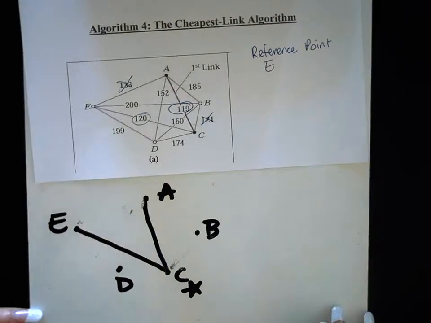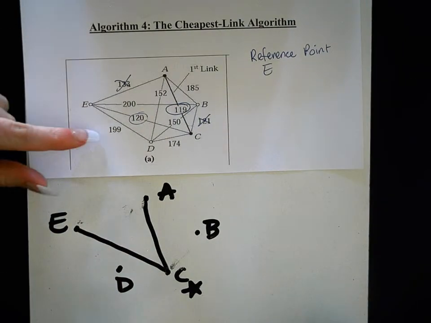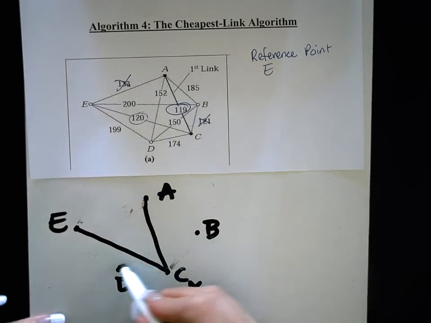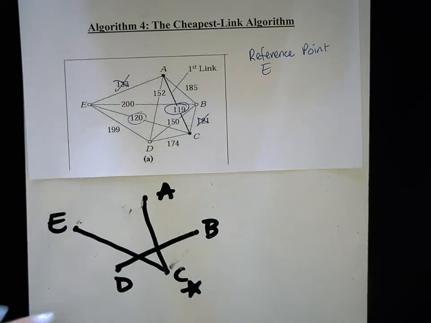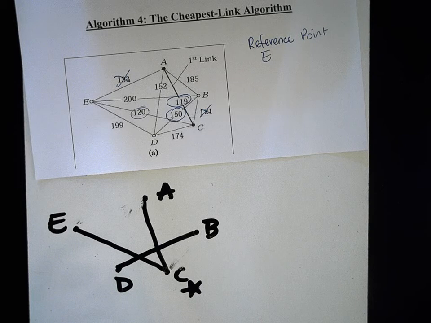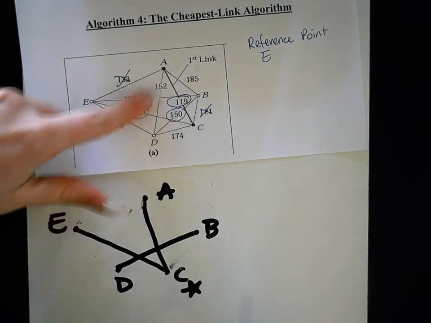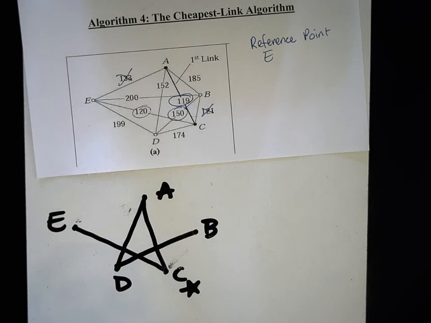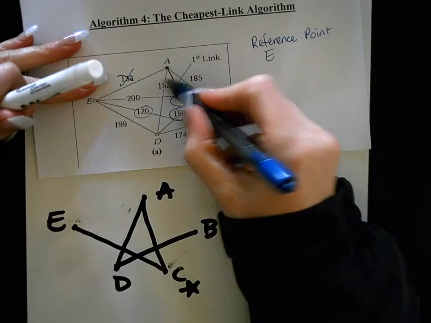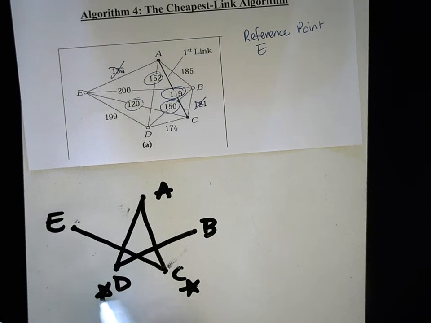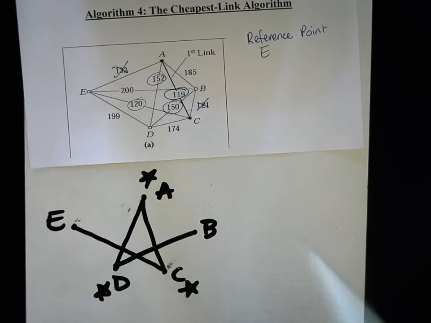So the next smallest number would be BD for 150. The next smallest number after that would be AD for 152. And what happens is there's 2 edges coming out of D and 2 edges coming out of A, so they are both closed.